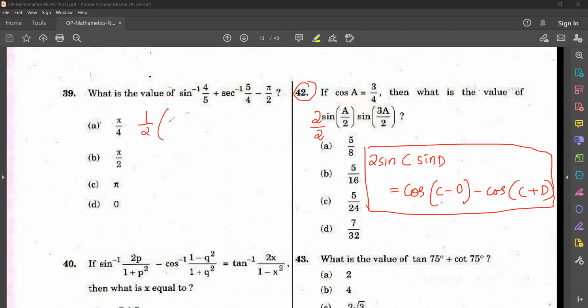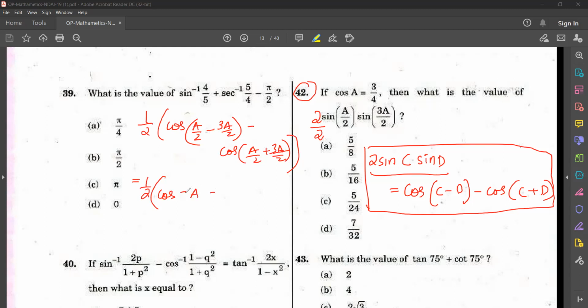That can be written as cos of A by 2 minus 3A by 2 minus cos of A by 2 plus 3A by 2, using this formula for sine C sine D. So that is 1 by 2, cos of minus 2A by 2, that is cos minus A, minus cos of 4A by 2, that is cos 2A.